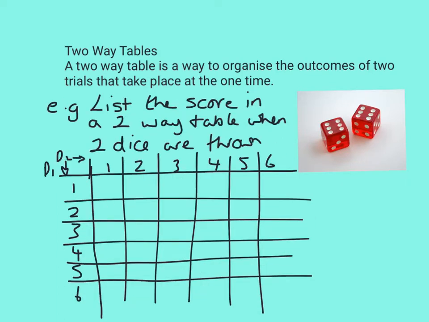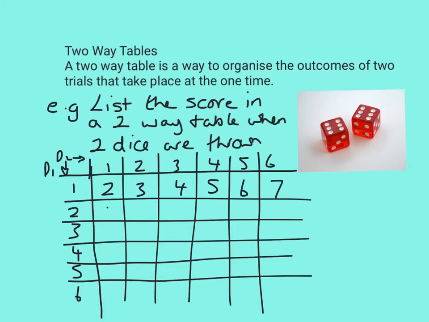So you can pause the video here if you want to take down this table. It's the exact same table that we had in the last slide. But just to show you, if they asked to list the score in a two-way table when two dice are thrown, well, the score is the sum of the sides of the dice. So you can see here 1 and 1 is 2, 1 and 2 is 3, 1 and 3 is 4, 1 and 4 is 5, 1 and 5 is 6, 1 and 6 is 7, and you can continue the whole way down.